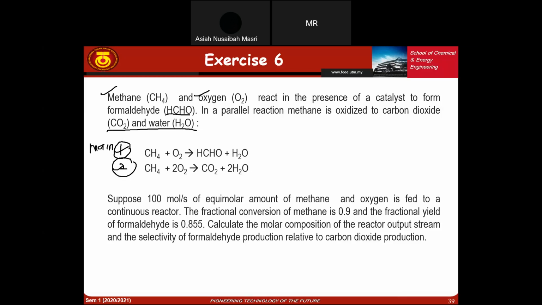Suppose 100 mole per second of equimolar amount of methane, CH4, and oxygen is fed to a continuous reactor. Let's directly reflect it to a flow chart. So we have a flow chart here. We have a feed in, and in the feed, we have 100 mole per second of a mixture.